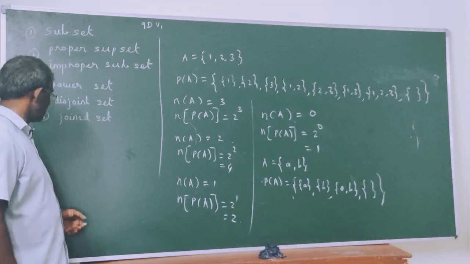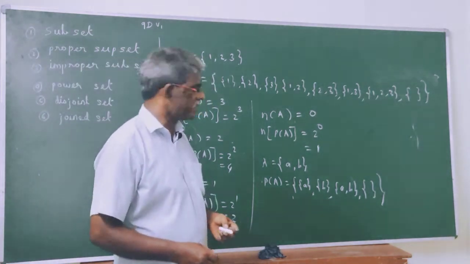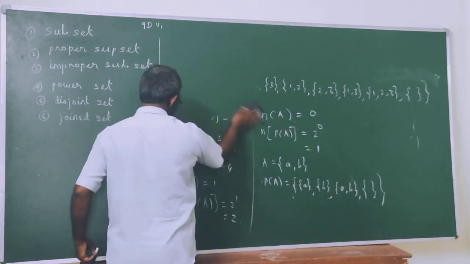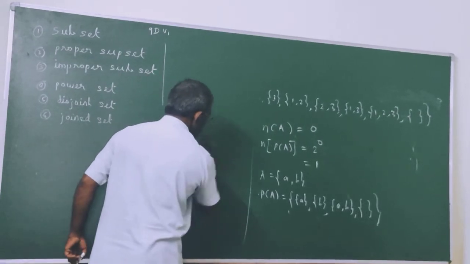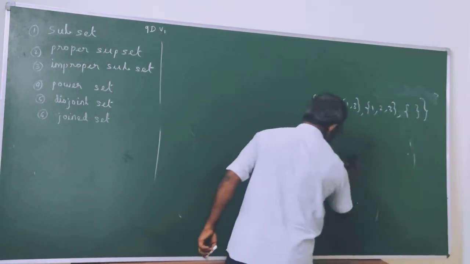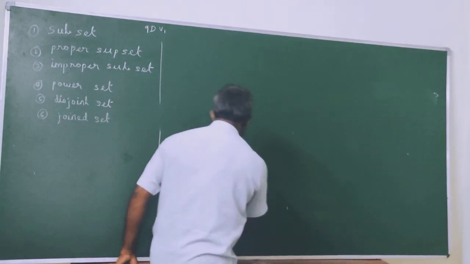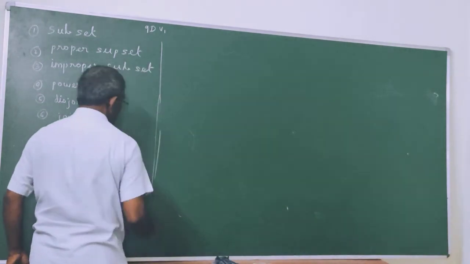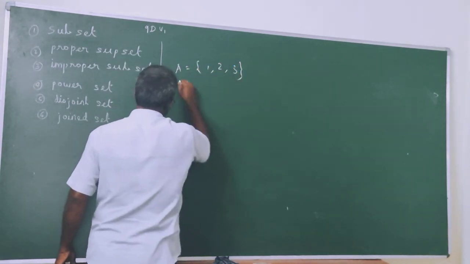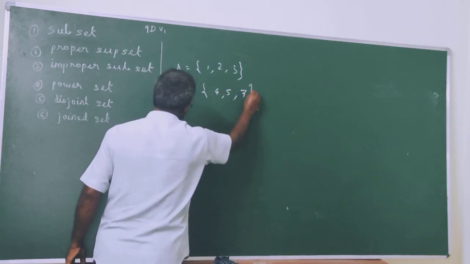So again we are going to discuss disjoint sets and joint sets. It is very simple. What is the meaning of disjoint? There is no connection. In set theory, disjoint means there is no connection. Suppose set A is equal to 1, 2, 3, and B is equal to 4, 5, 7.